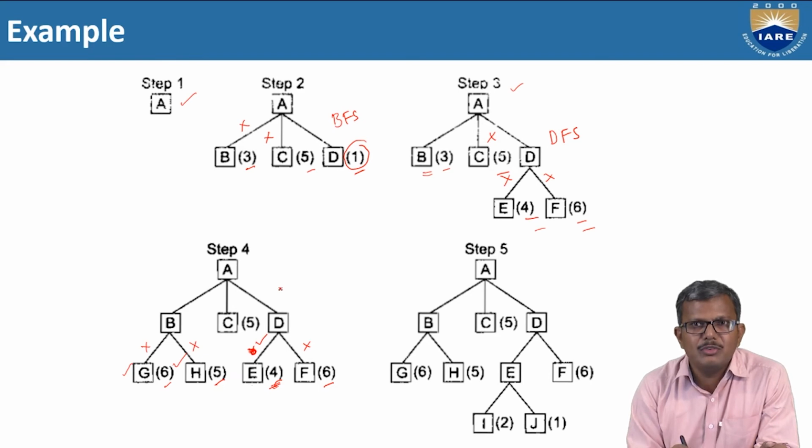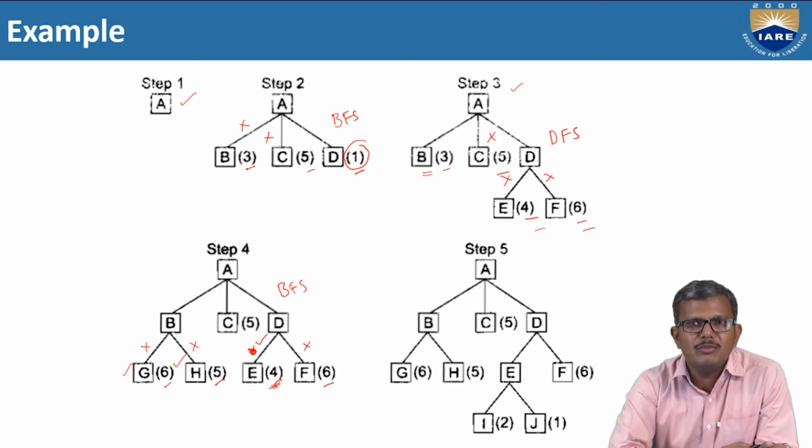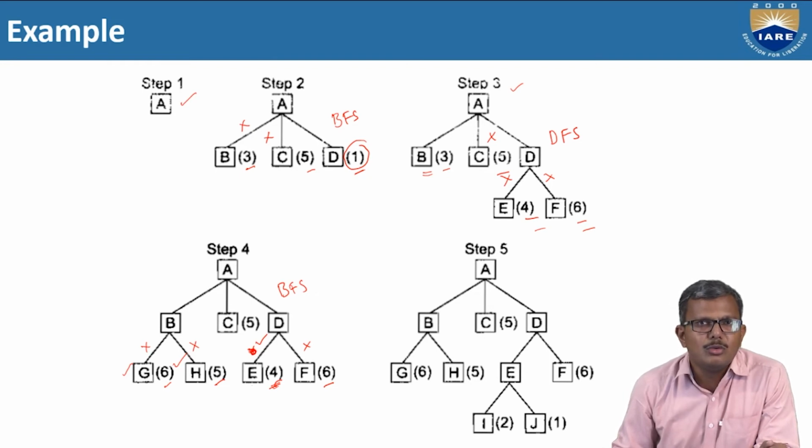But again in step number 4, we have implemented breadth first search. So simultaneously, in best first search, we are going to implement depth first search and breadth first search at the same time until we reach the goal state.